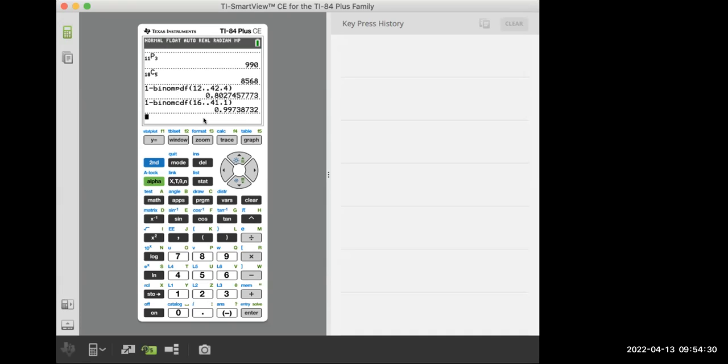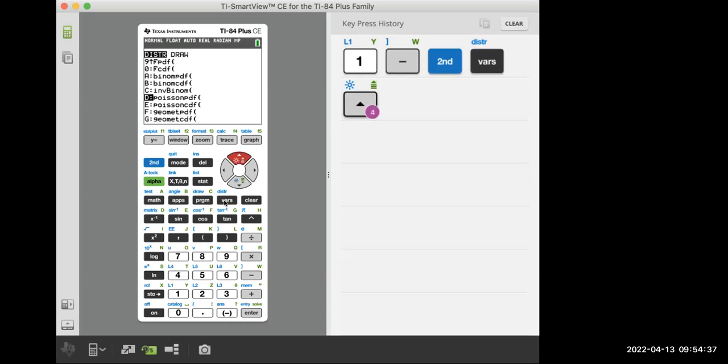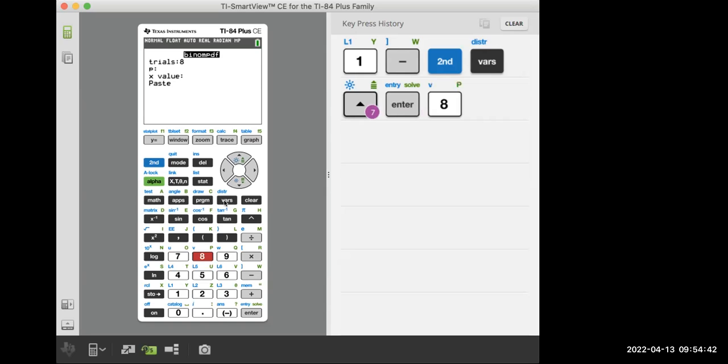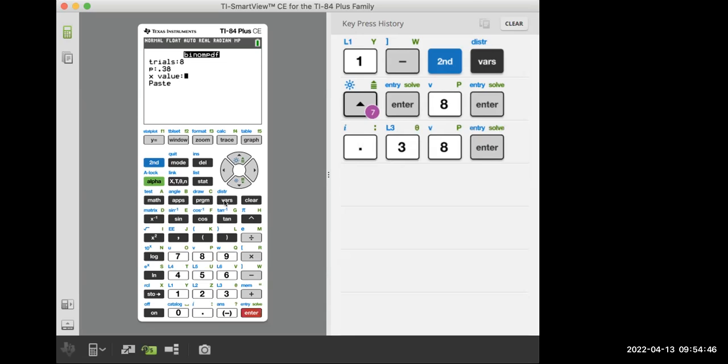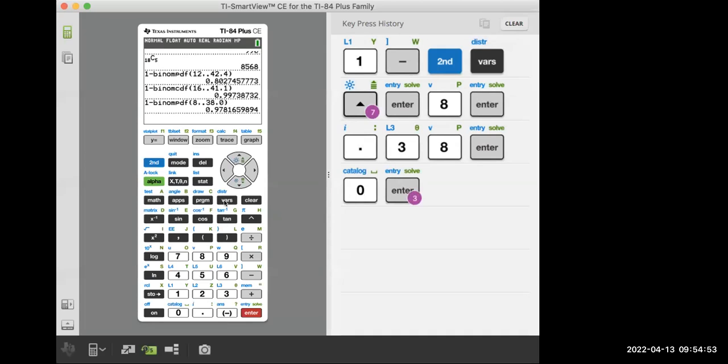Let me input 1 minus binomPDF. There are 8 trials, 0.38 probability of success for each trial, and I want the 0 value. And so I get 0.9781659894.